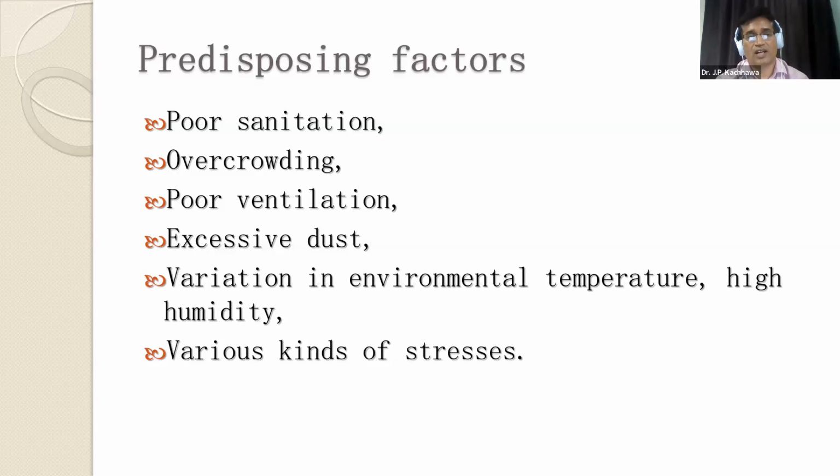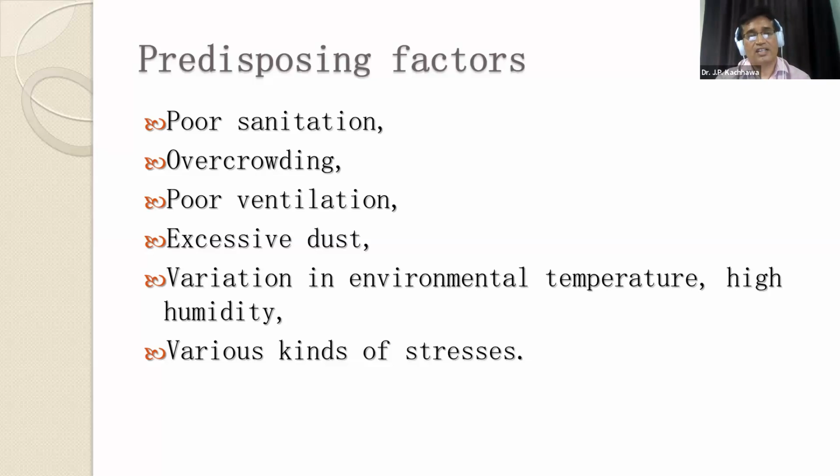One factor is overcrowding, because in goats the open grazing system requires more space, and if the number of animals is very high in stall-fed animals, there is also a requirement of more land.